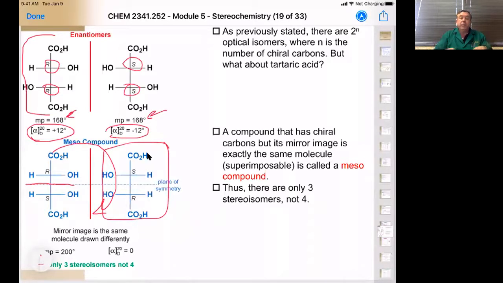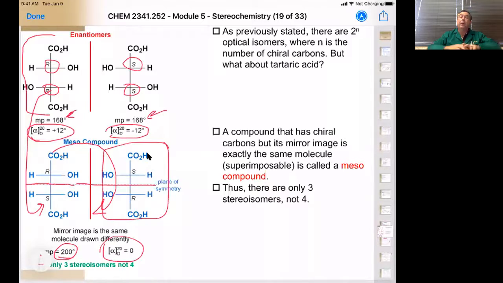By switching one of those centers, in this case switching this R to an S, we've now changed it enough such that, number one, it has a different melting point. So it's not an enantiomer of the compounds above, but it has a mirror plane and it has 0 optical activity. In this case, we only have 3 unique compounds in this set of diastereomers.